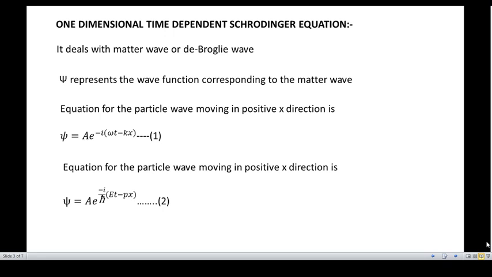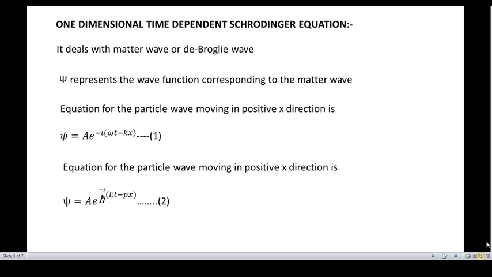Okay, so by using this wave function corresponding to the matter wave, we can have an equation for a particle wave moving in a positive x direction, and it is given by psi is equal to A e power minus i into (omega t minus kx). That is equation 1.